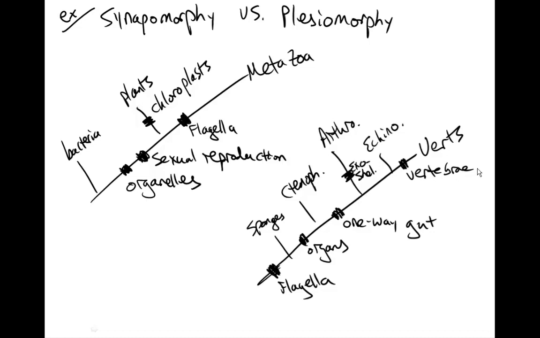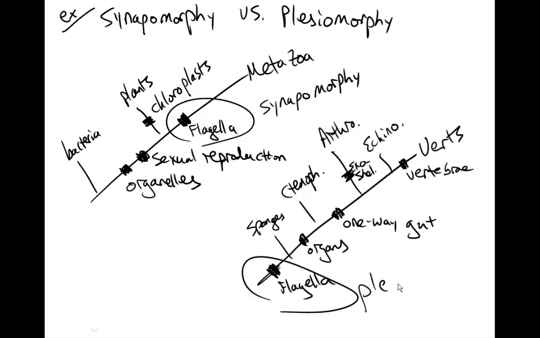And so in this case, we went from flagella being a synapomorphic character here to being a plesiomorphic character, all just based on how the cladogram was structured.